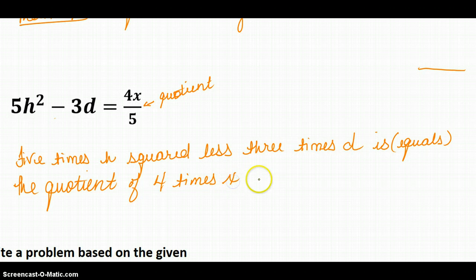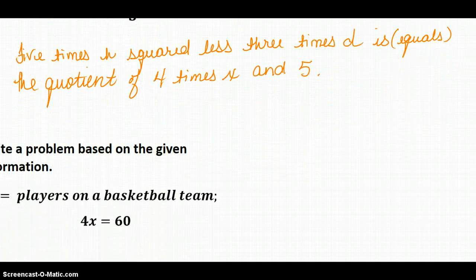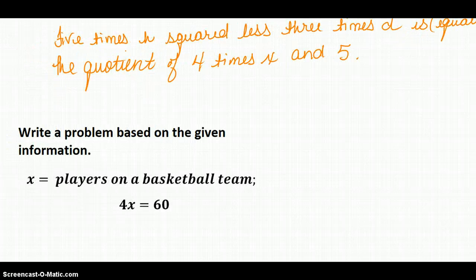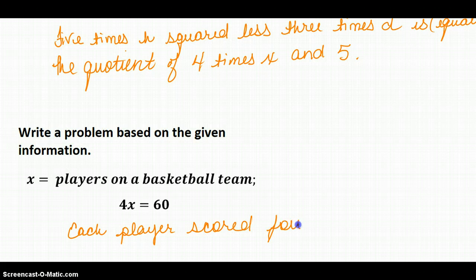and 5. So for the very last part of your homework, they ask you to write your own word problem with the given information, and these are kind of fun. So there are X players on a basketball team, so 4X equals 60. And you could say something about the amount of points they scored. You can say each player scored 4 points.